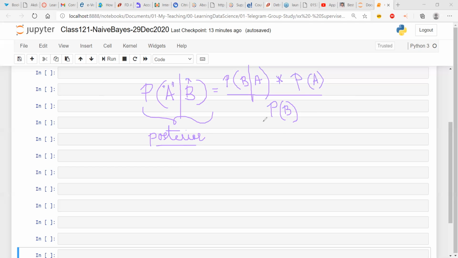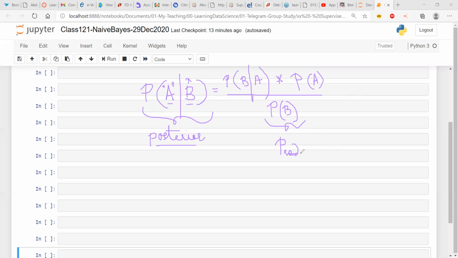The denominator here is the probability of B. In the example, if A is whether I'm going to play or not, and B is the weather outside, then weather becomes my feature and A becomes my target. So B is my feature variable, A is my target variable, and that's the reason why this is a predictor probability.